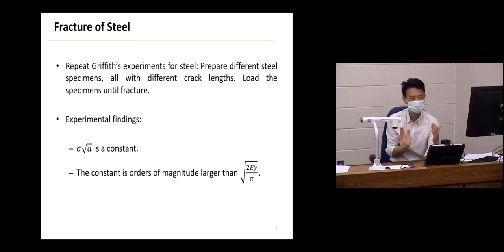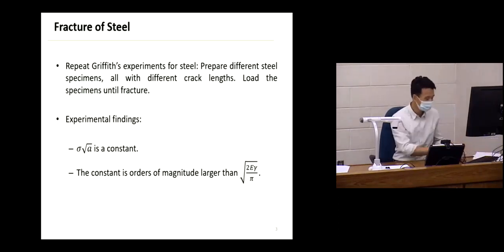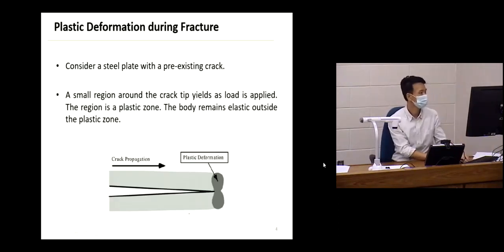So there's a lot of energy spent on plastic deformation. Plastic dissipation is another mechanism in ductile material that consumes energy. So you have one more thing preventing you from cracking, and that is shown in this picture.